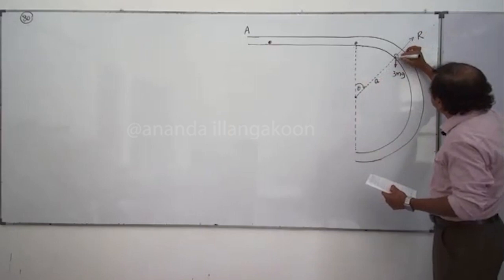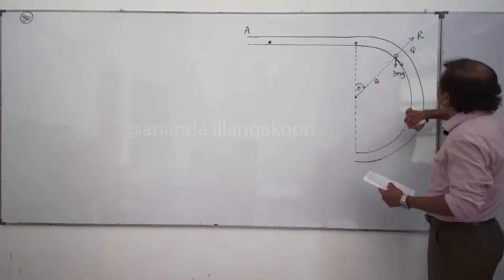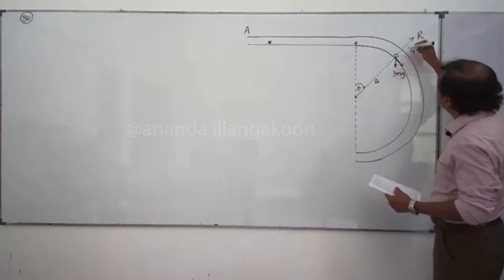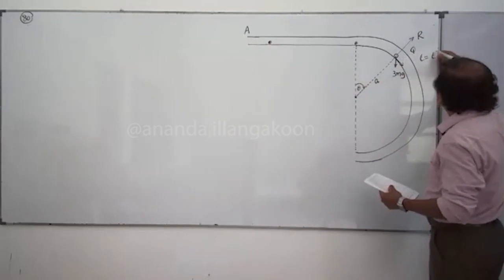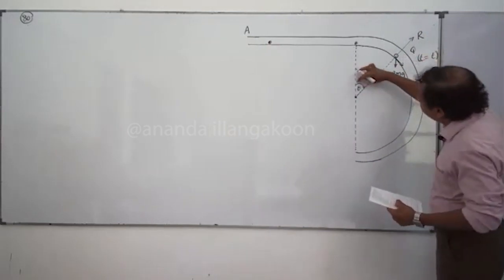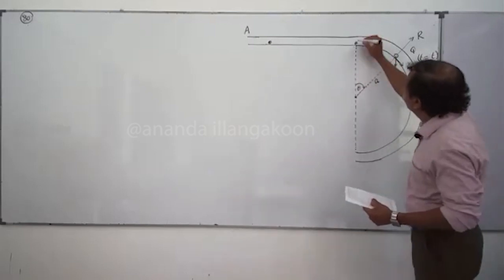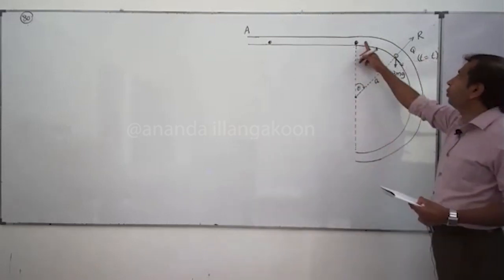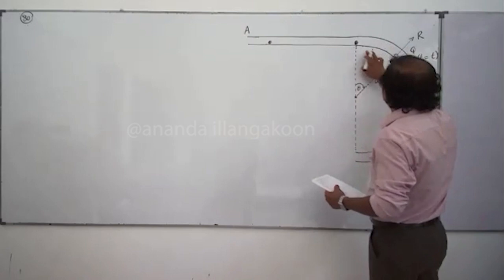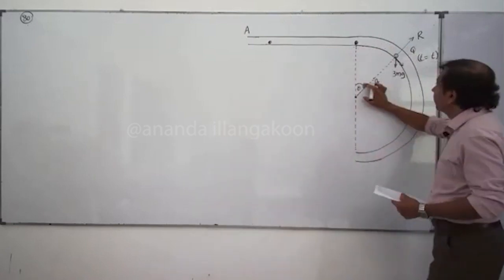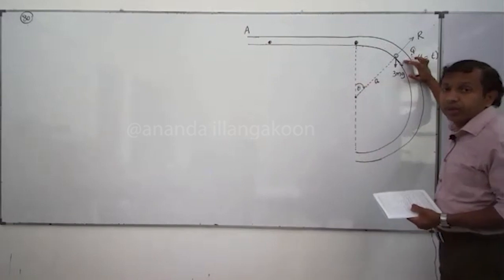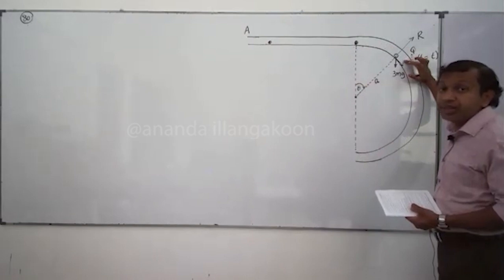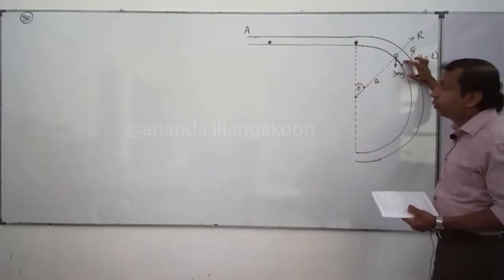Then along this direction, you know the velocity. At time t, the particle has turned through an angle theta, because initially Q was here. During a time interval t, Q has turned through an angle theta. Therefore, we know the way of writing angular velocity. It is theta dot. Then the tangential velocity is radius times theta dot, a theta dot here.